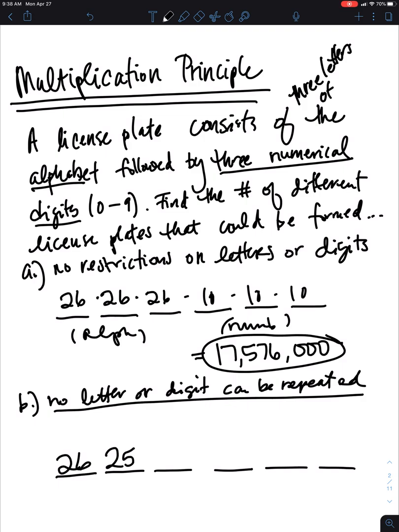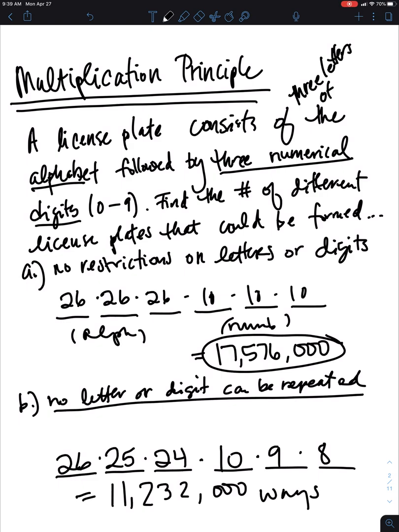And then if I used A and B, I have 2 fewer than the entire alphabet, so that's 24. The same with the numbers: 10, 9, 8. Then we multiply all these together, and we get a little bit less, as you can imagine, when you have some restrictions.